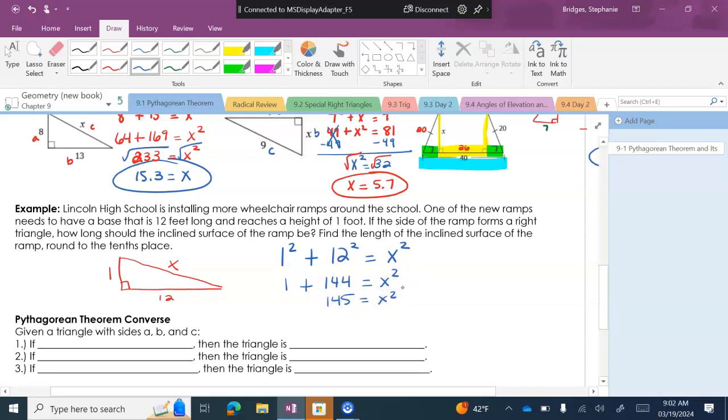And we're going to take the square root of 145, round it to the tenths place, and we get 12.0. Technically, if you left that as 12, that would be okay, but because they said tenth place, I always like to put that decimal, even if it is a 0.